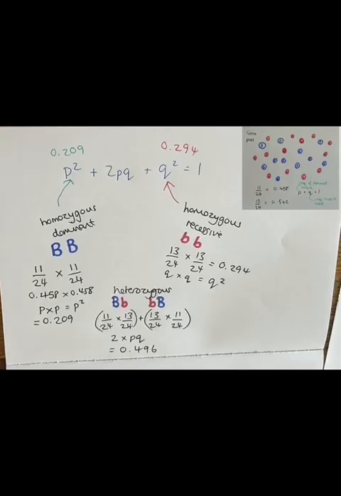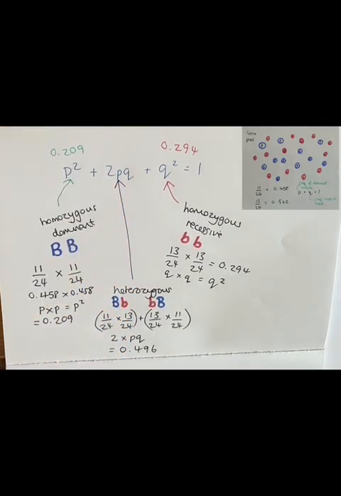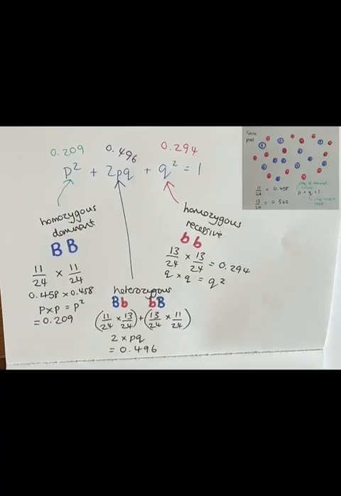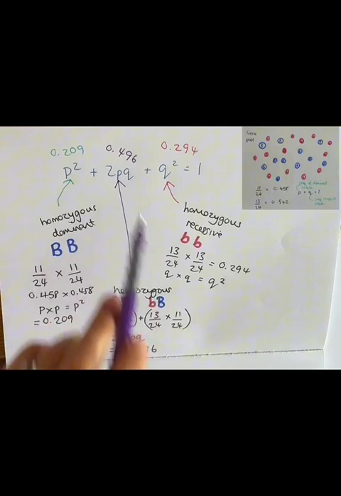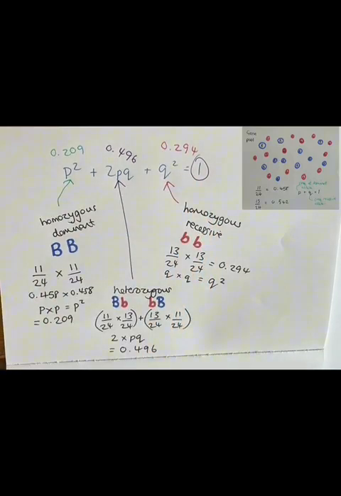And then the only ones left are the heterozygous individuals, 2pq, and we know that's 0.496. So here we are looking at the probability of different genotypes, and you can sense check your calculations that they should add up to 1.